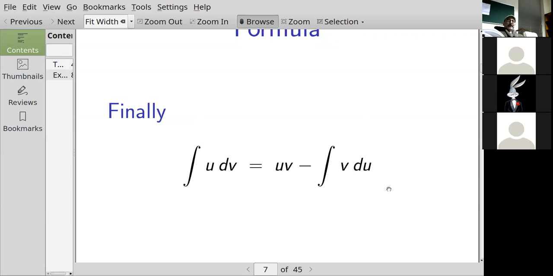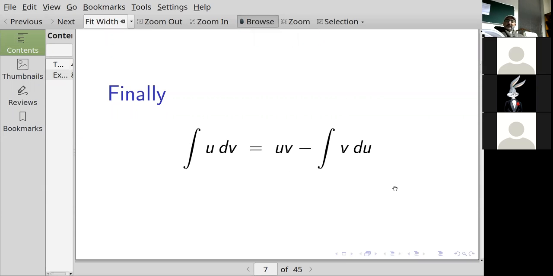Now, this formula is always true, but it may not necessarily help you, because you're making the choices for u and for dv here. So when you make those choices, you have to take some care. Okay, and we'll see some heuristics for what choices to make as we go through the examples.